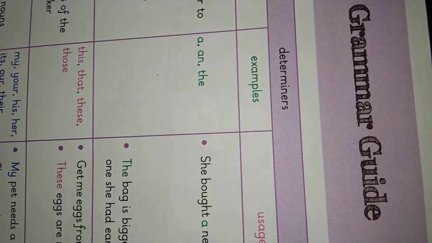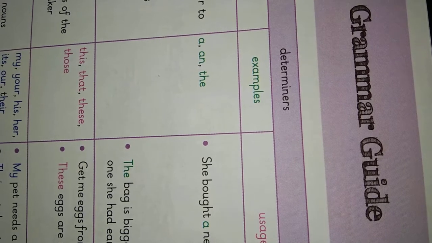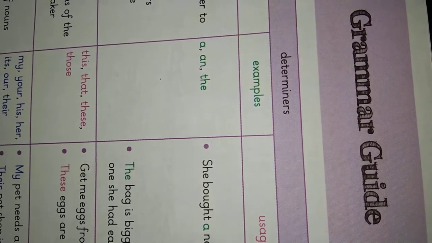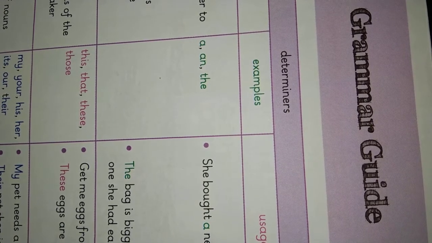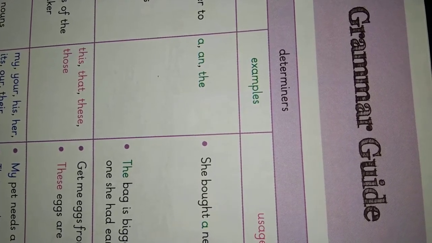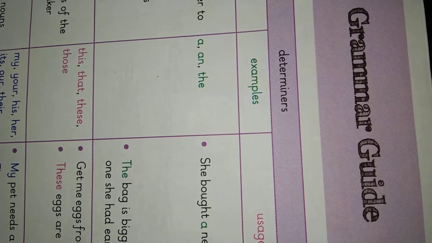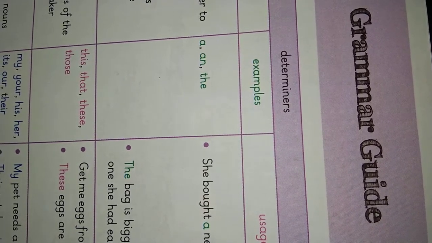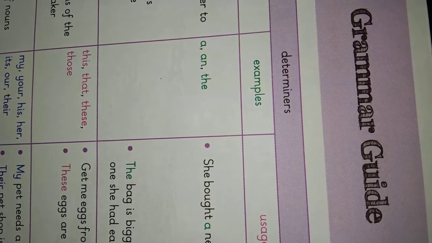Okay, so determiners, what we have seen today, include articles like a and the. They are demonstratives: that, these, those, this. They are possessives: my, your, his, her, its, our.